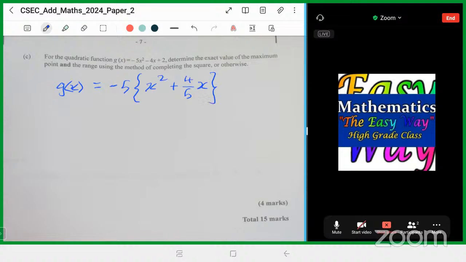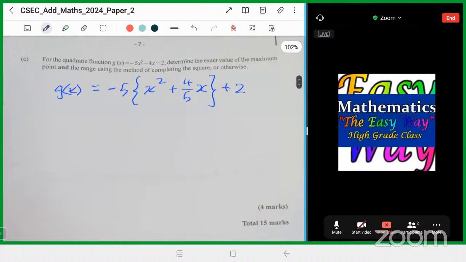And then I'm putting back this +2 out here. I'm searching for the maximum point using completing the square. I'm going to complete the square inside here now. So it's going to be -5 into x. Half of this becomes 2/5.